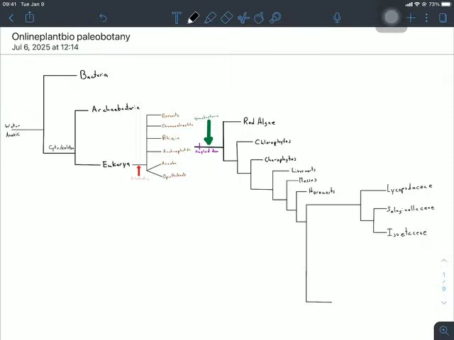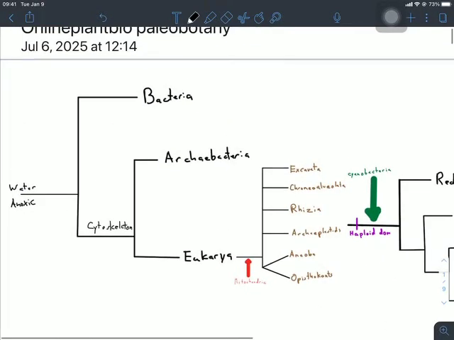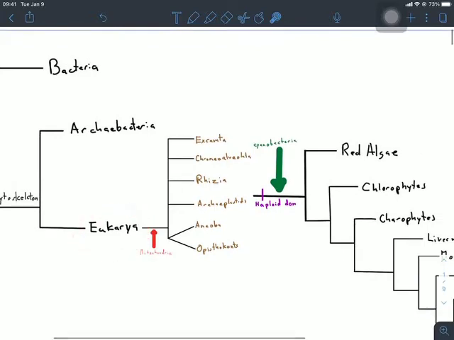Today, we take a dive into the deep past to take a look at some of the first vascular plants on planet Earth. Because thus far, we've followed the tree of life from its original aquatic anoxic environments, where we had differentiation between some of our prokaryotic groups and then our eukaryotic group.